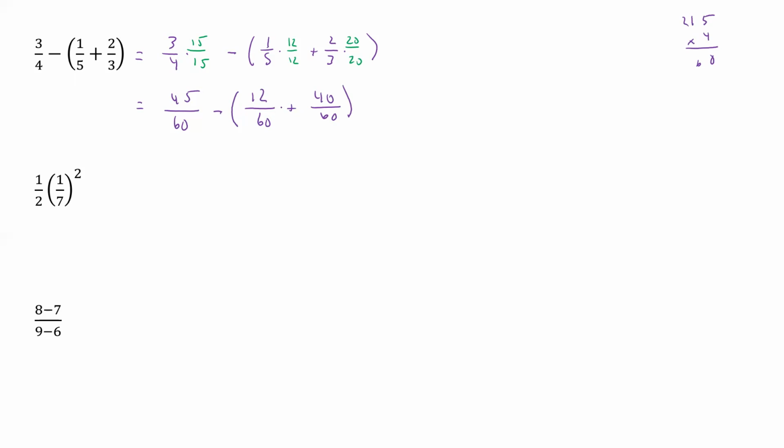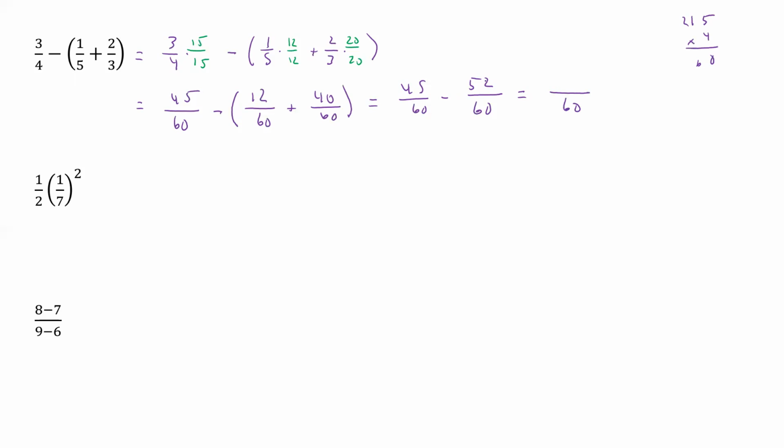This is going to be what we do next, because remember, we do parentheses first before we do the subtraction. And so this gives us 45 over 60 minus, well, 40 plus 12, that's going to be 52 over the 60. Okay. And so then we're going to look at these and say, okay, well, we're subtracting. And so 45 minus 52 over 60, well, our common denominator is 60, so we're good there.